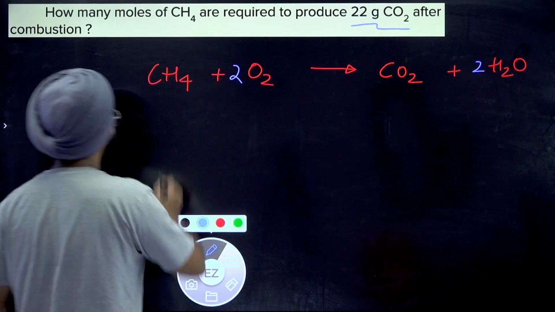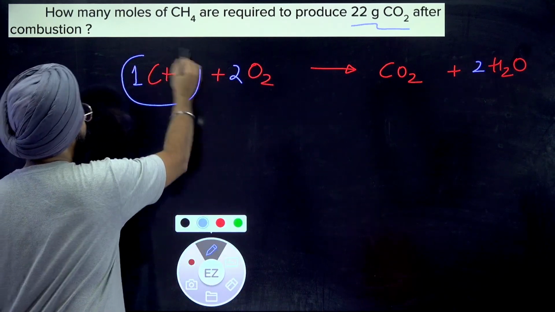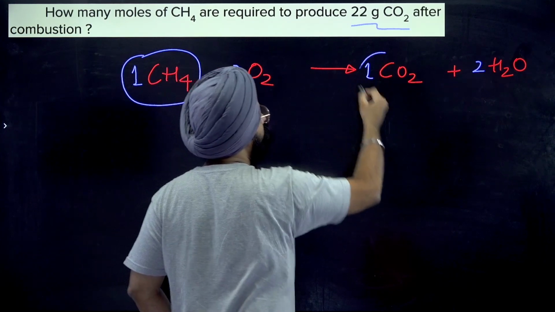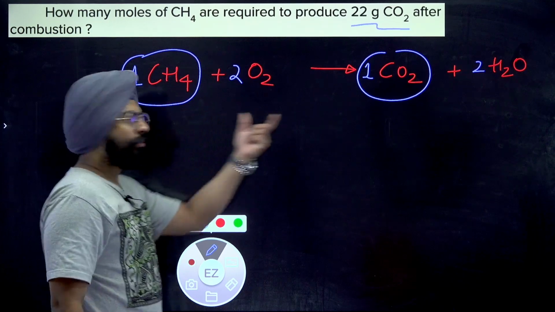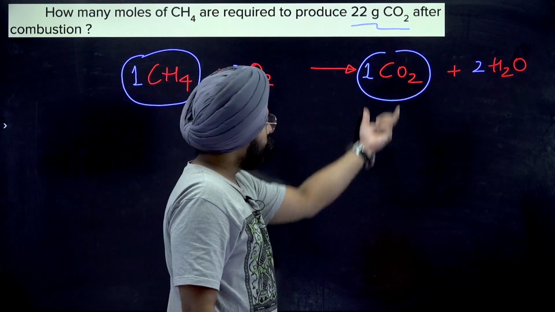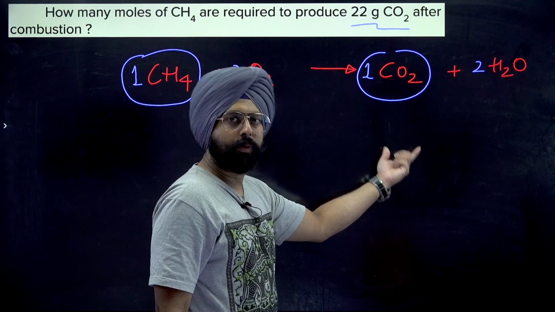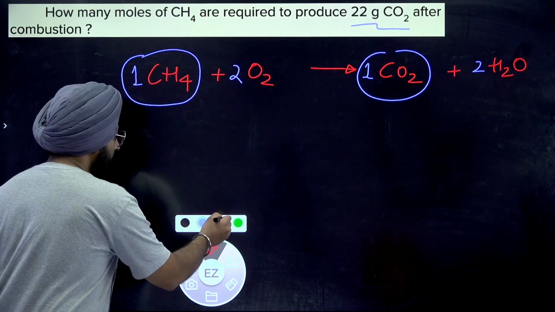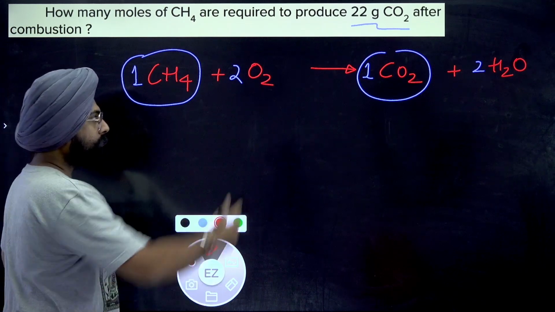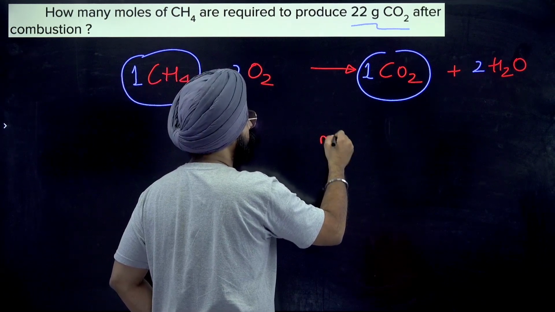People, do you realize that one CH4 will basically produce 1 mole of CO2? Isn't it obvious from here? 1 mole of CH4 will produce 1 mole of CO2. So if we can figure out the number of moles of CO2 produced, the same number of moles of CH4 will be used to produce the CO2. How many moles of CO2?